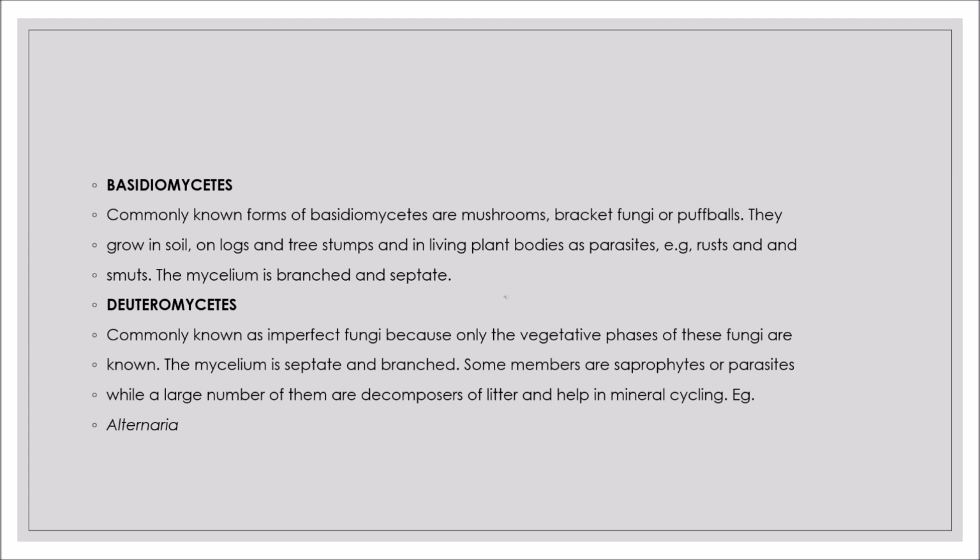So why it is called fungi imperfect is that the vegetative phase, when it grows and gets mature, that phase is always unknown in the deuteromycetes. So that is why it is called a fungi imperfect. The duration period of growth is usually unpredictable.